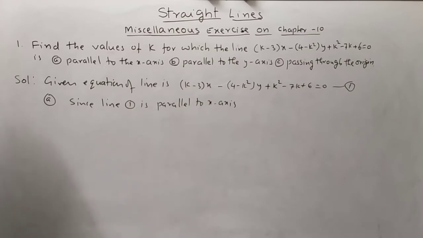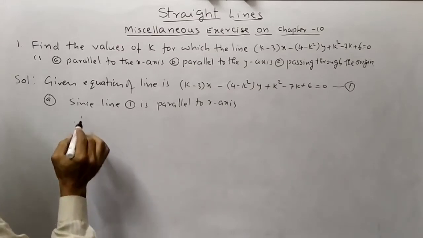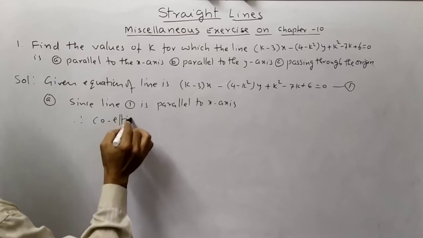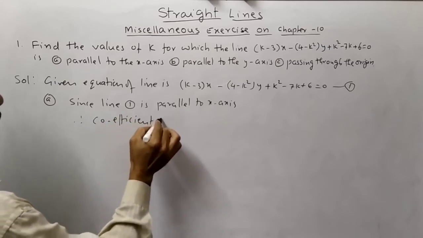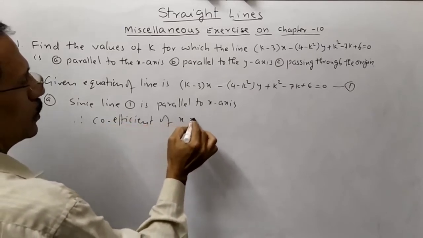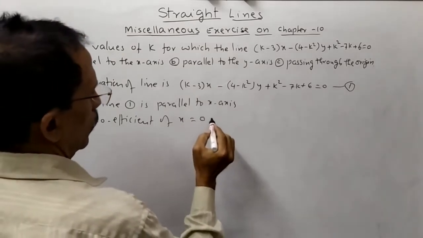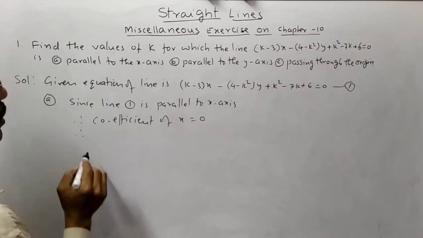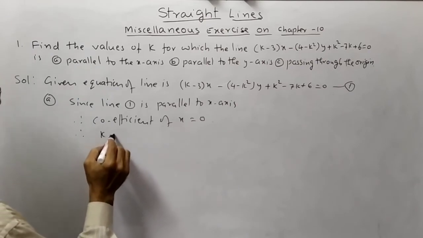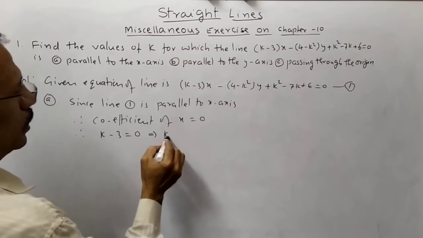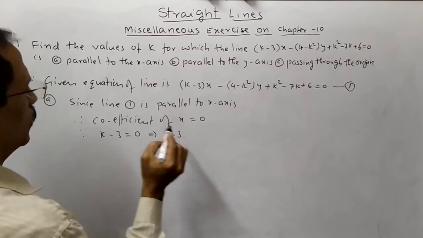So x will not be there. Therefore, coefficient of x is equal to 0. Therefore, k minus 3 is equal to 0. This implies k is equal to 3.